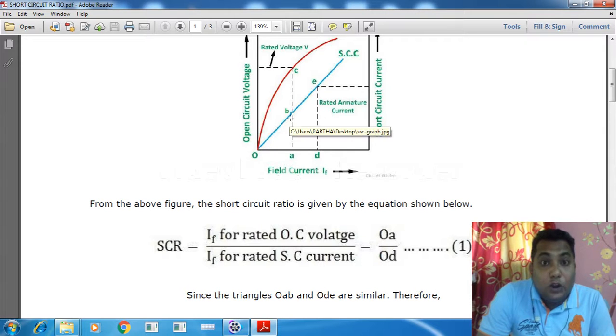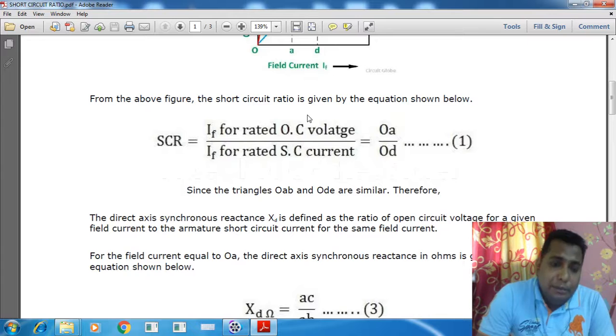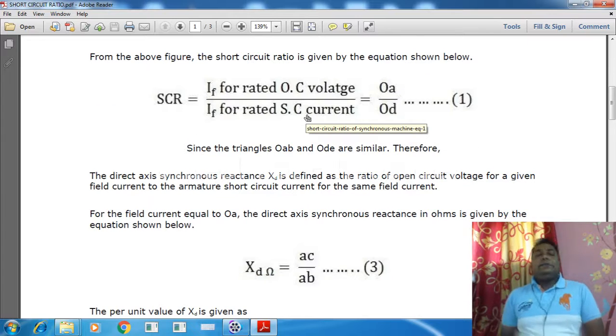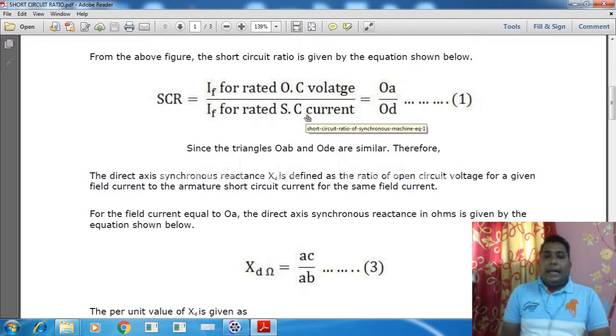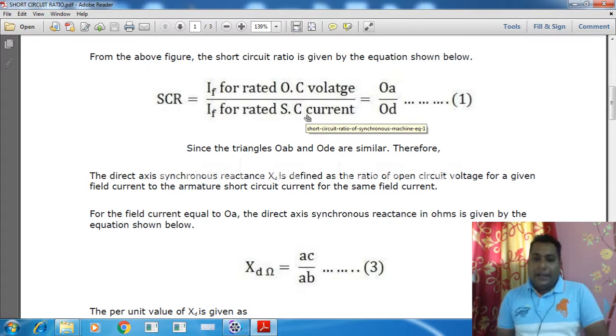This one is triangle OAB, follow my pointer very carefully, and ODE is also a triangle. As those two triangles are similar, the direct axis synchronous reactance XD is defined as the ratio of the open circuit voltage for a given field current to the armature short circuit current for the same field current.